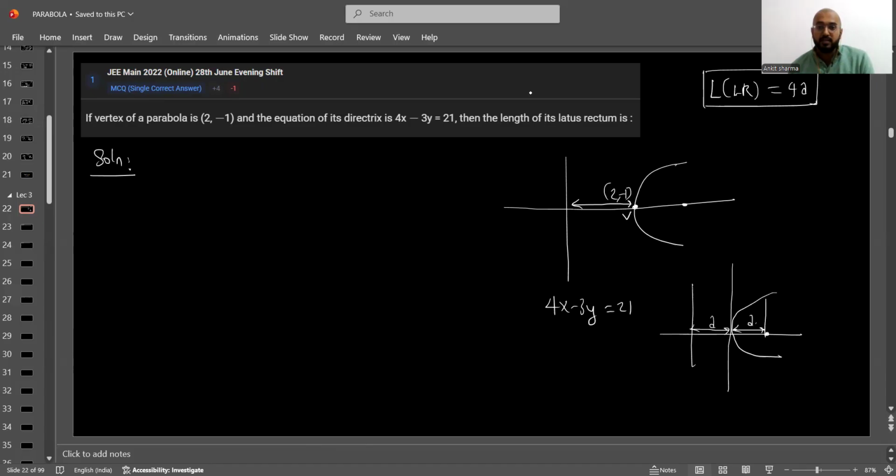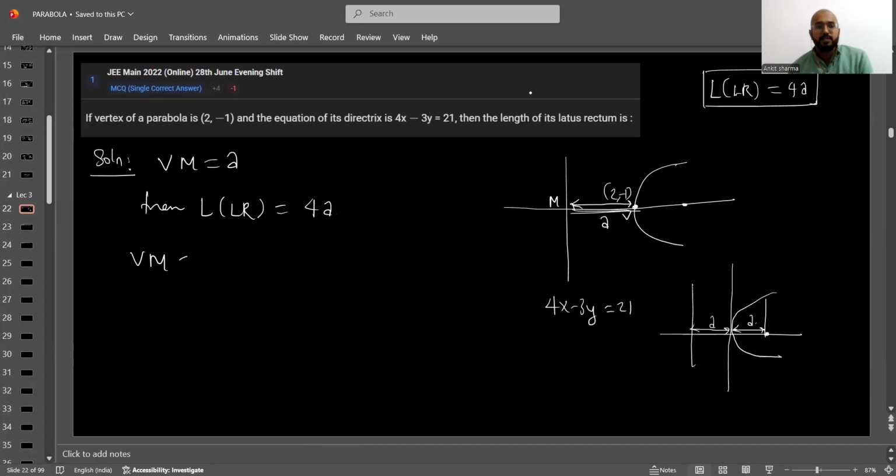So say this is my distance a from here to here, then length of latus rectum is 4a. So let's find out the distance from V to this point, I'll call it M. So VM is equal to a. Then length of latus rectum is going to be 4a.